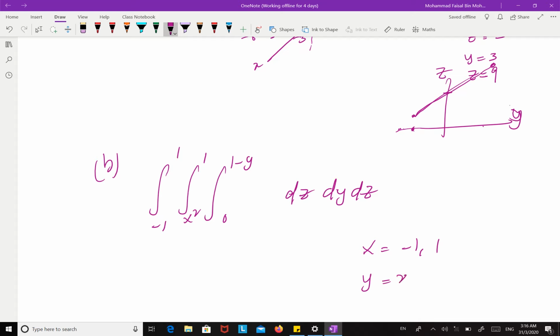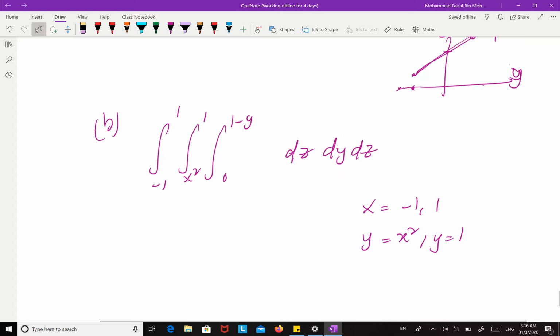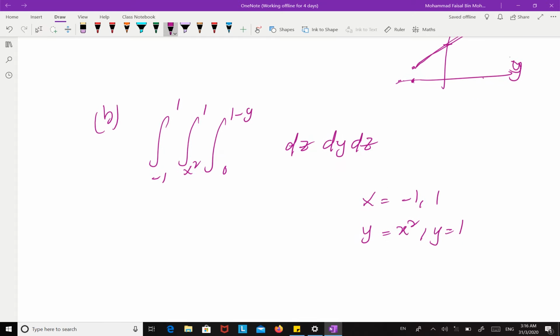Your y equals x squared. So something is a parabola, which is a half cylinder, up to y equals 1. And then we have x and z. Okay, z is from 0 to 1 minus y. Remember that this is just a half cylinder, this is a parabola, and then this is a constant, and this is again something going to slice this curve. Okay, remember that.